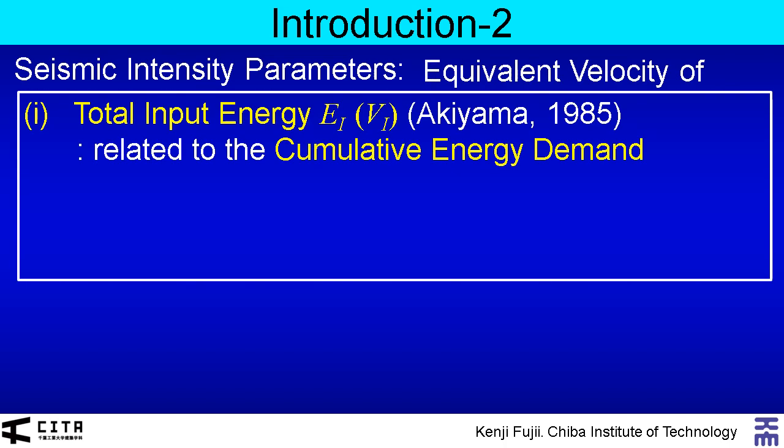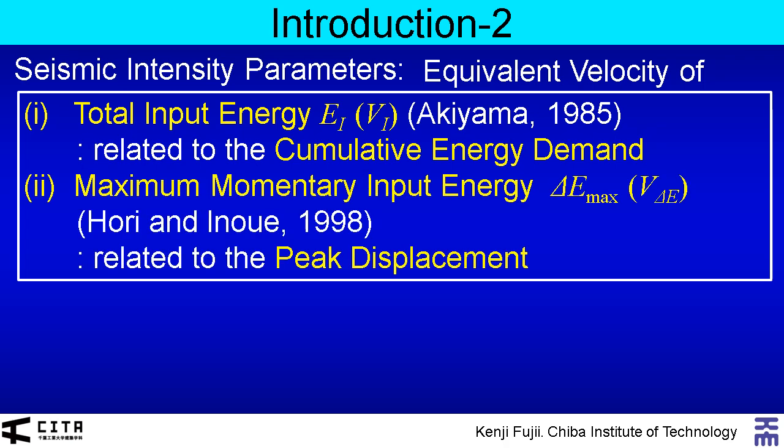One is the equivalent velocity of the total input energy, which is introduced in the simplified seismic design method proposed by late Dr. Akiyama. This is related to the cumulative energy demand. The other is the equivalent velocity of the maximum momentary input energy, which is proposed by Dr. Hori and Dr. Inoue.